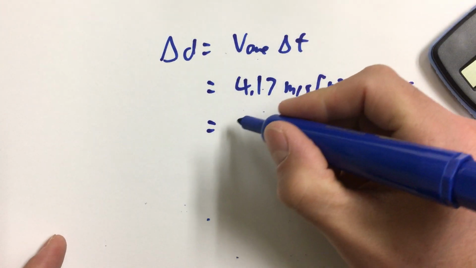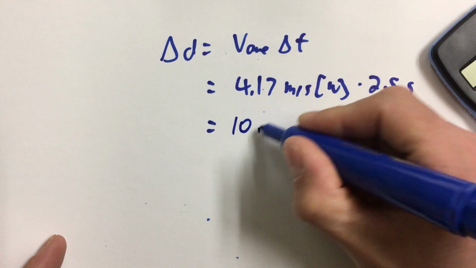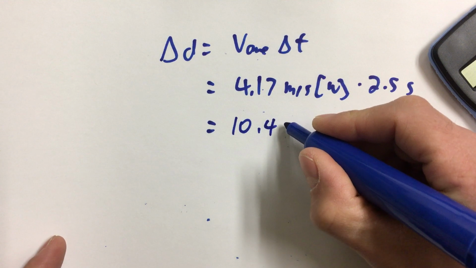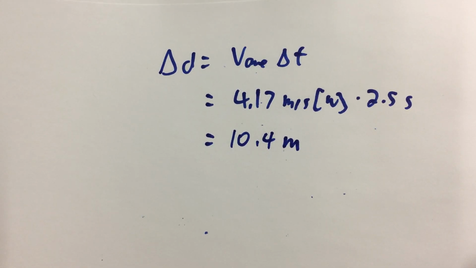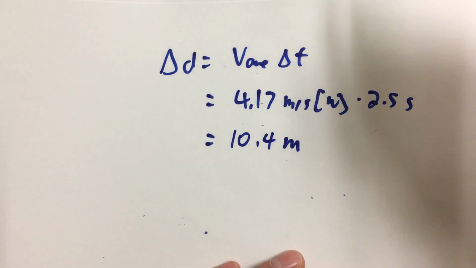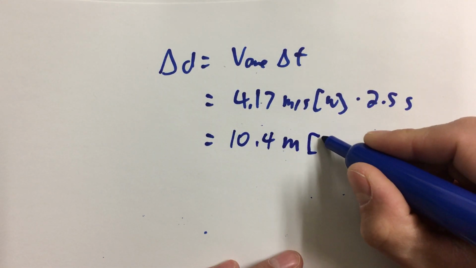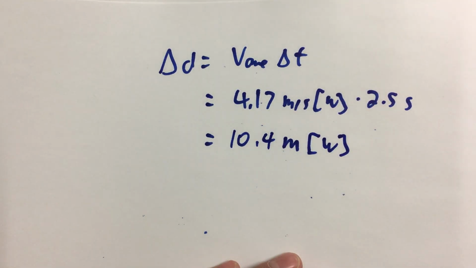That's 10.4, so our displacement is 10.4 meters. And we had a direction here, it's west. So our displacement is 10.4 meters west.